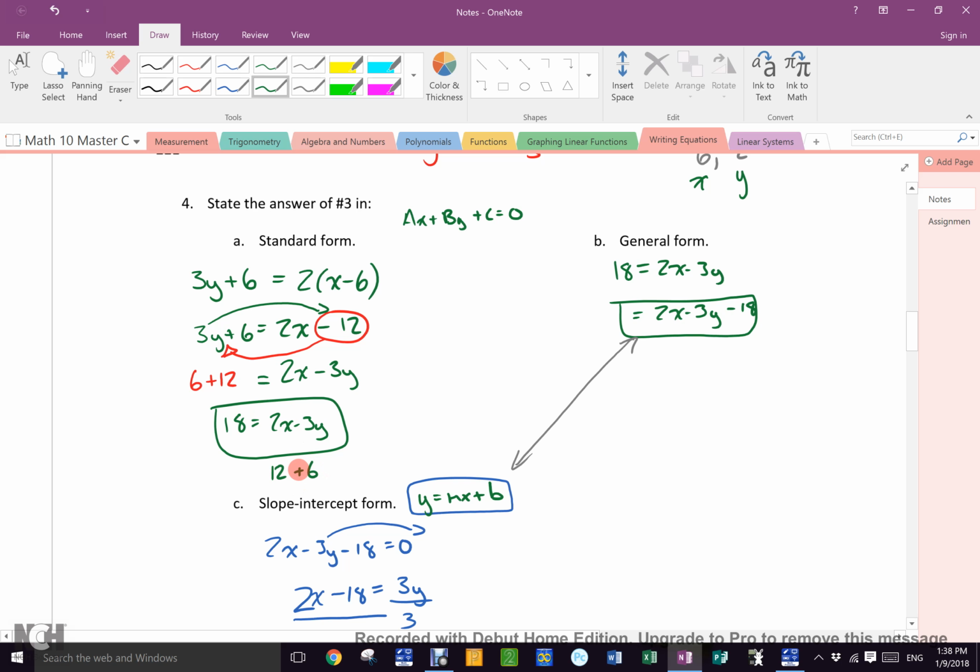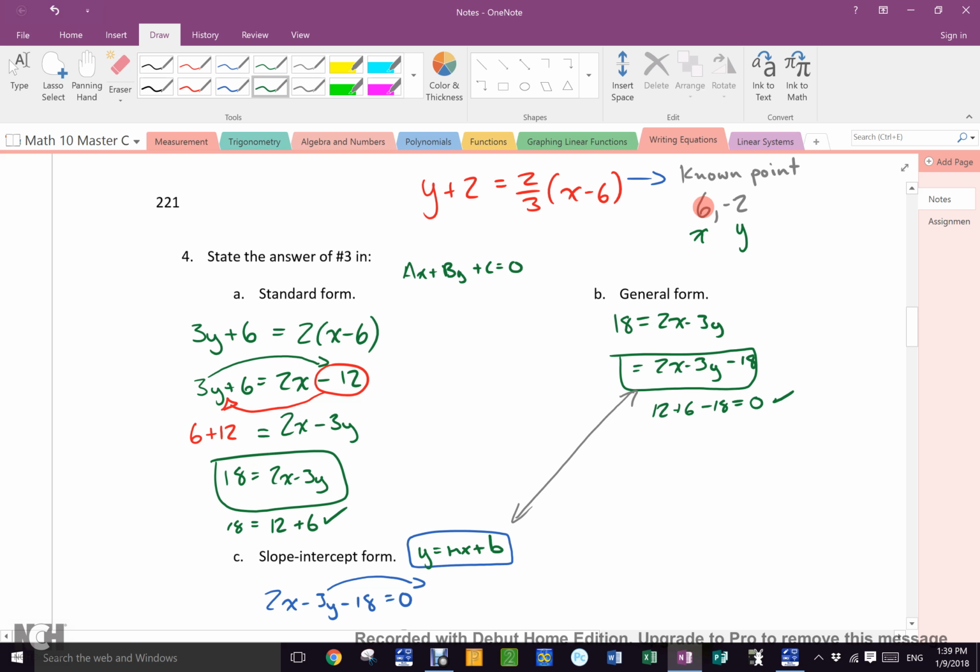What's 12 plus 6? 18. See how it works? Same thing going to work over here? 2 times 6 is 12, plus 6 minus 18. Does 12 plus 6 minus 18 equal 0? Okay.